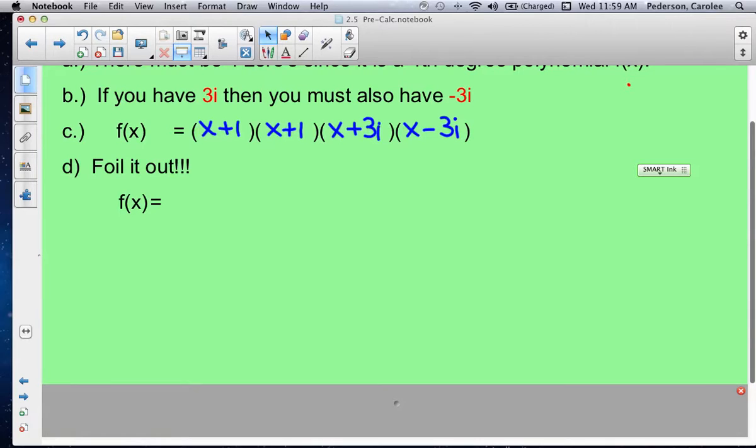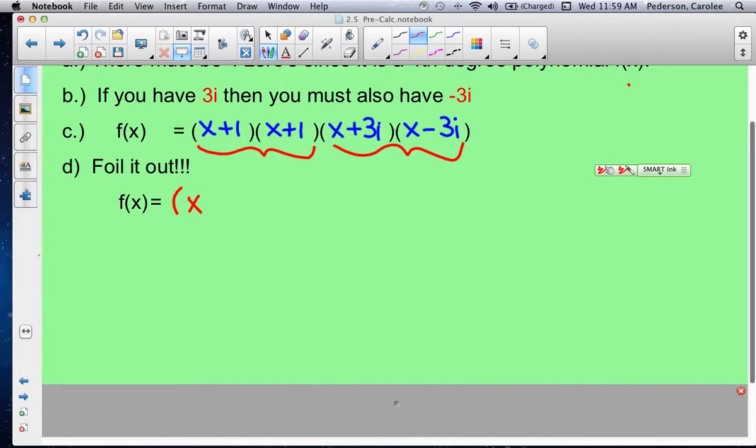My recommendation, since you have 4 parentheses, is to group like parts together. I would multiply these 2 together first, foiling them, and then foil these 2 and use the distributive property. So let's foil first x plus 1 and x plus 1.